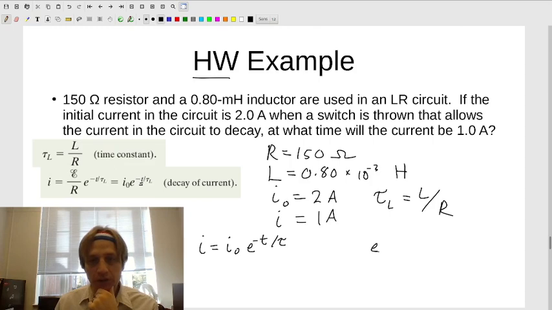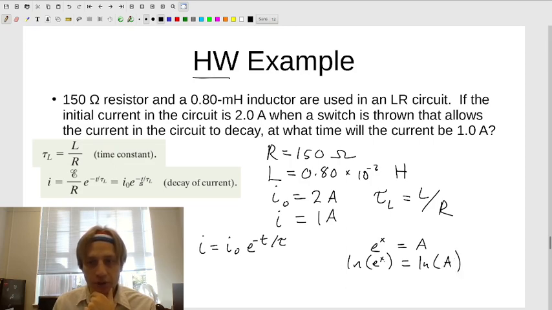Now remember, if you have e to the x equals some number, a, if you take the natural log of each side, this brings down the exponent here such that x equals log of a. So if a is just a number, I can put in the natural log of that number into my calculator and get out the exponent.